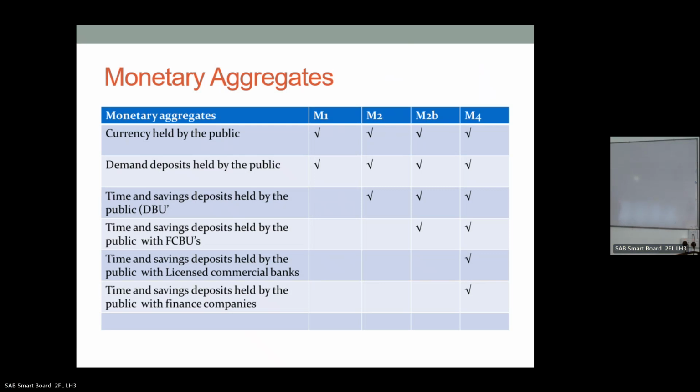M2 means M1 plus time and savings deposits held by the public in commercial banks. M2B is M2 plus the time and savings deposits of the foreign currency banks. Then M4 is M2B plus time and savings deposits at licensed commercial banks and investment banks, and all these things we take.